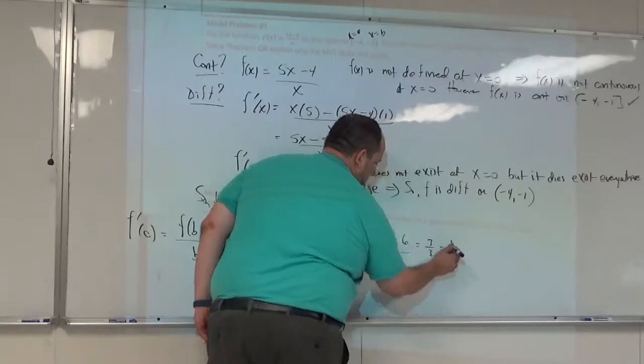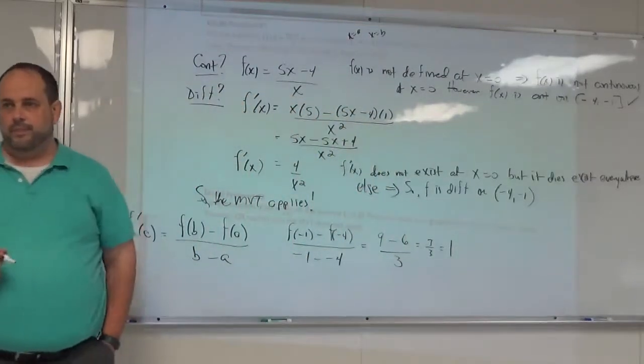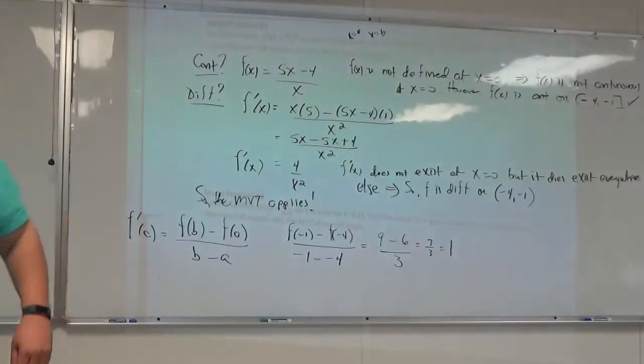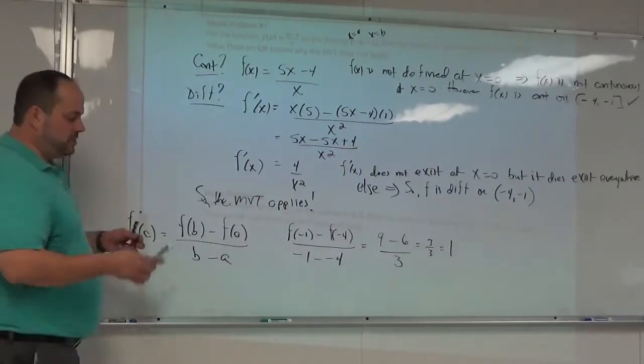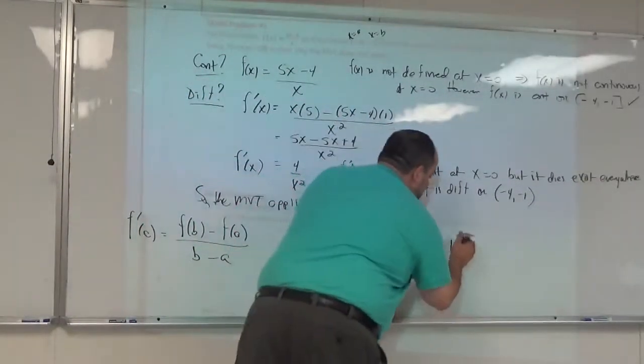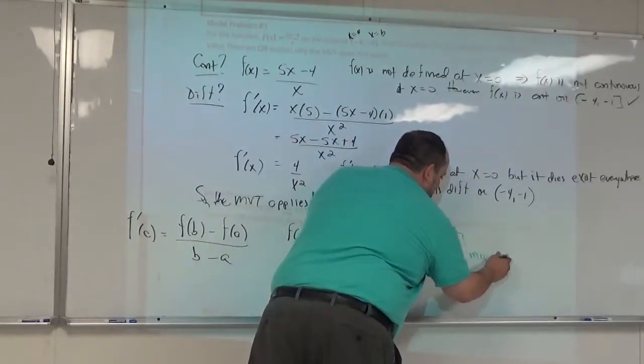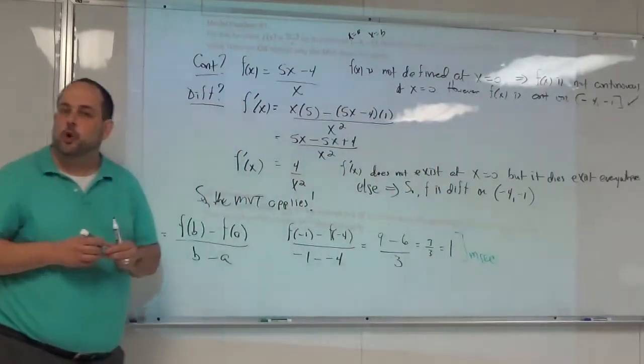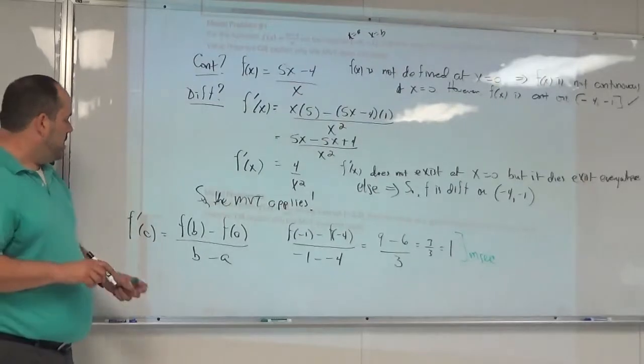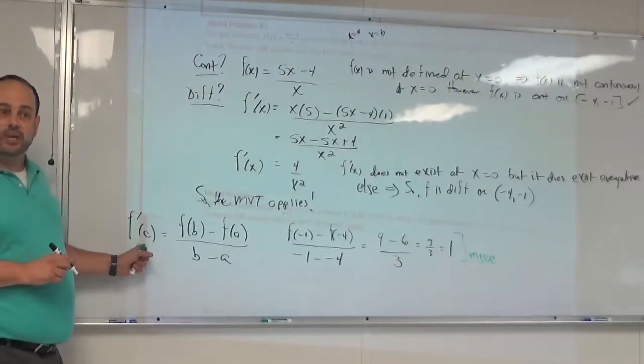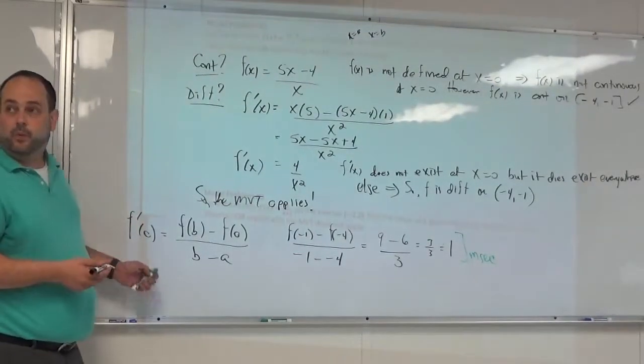We get 3 over 3, which is 1. Can anybody else verify that that's right? The 1 isn't the answer. This is the slope of the secant. You're looking for the just right value of C that makes the derivative equal 1.